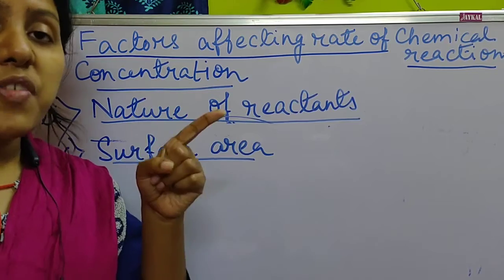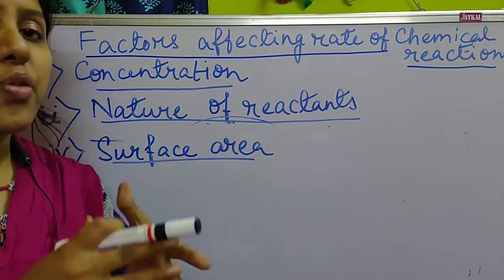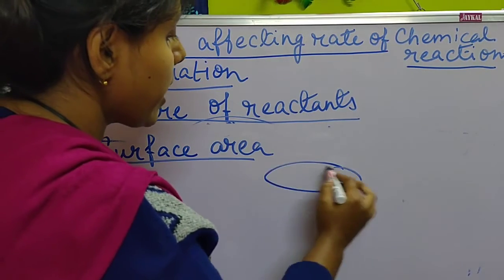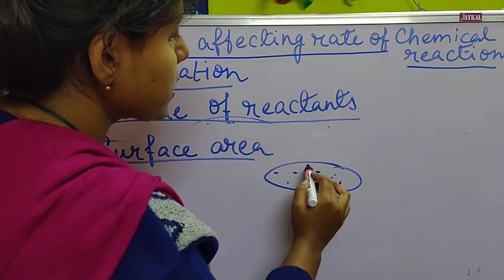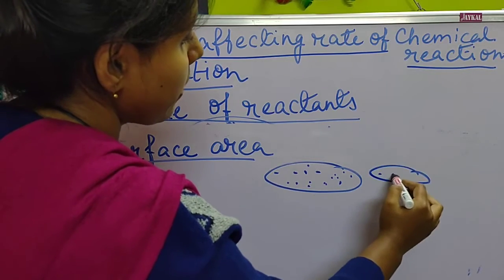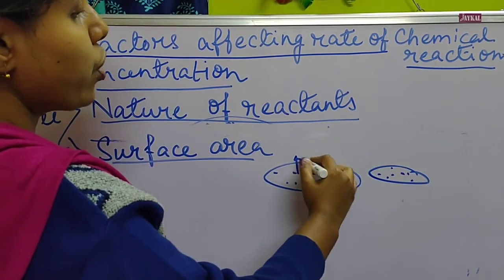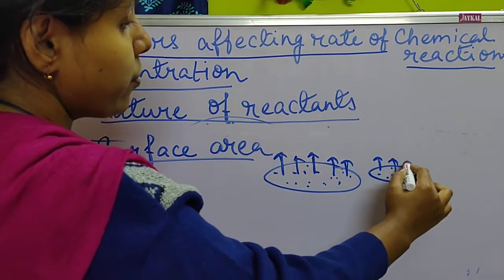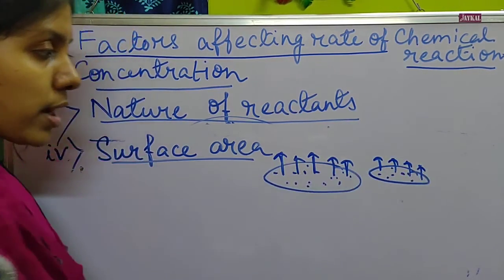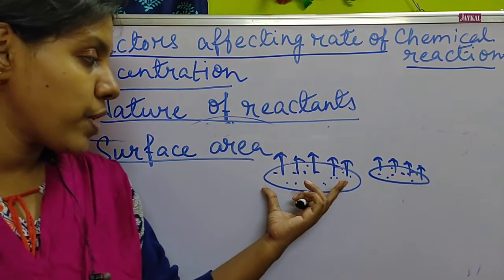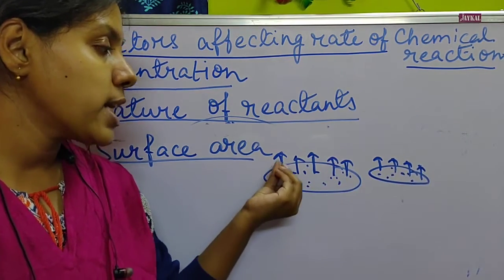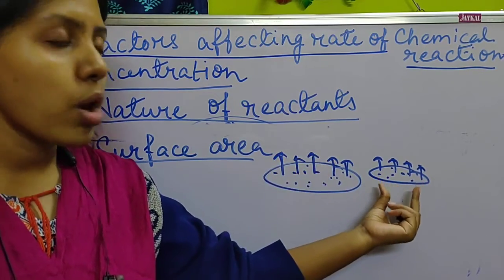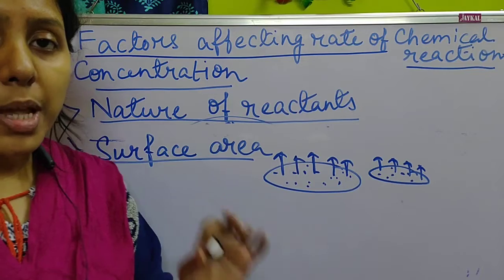Just remember, evaporation takes place faster when the surface area is large, because more molecules can come in contact with air. Because of larger surface area, more molecules can come to the surface and evaporate very easily. But because of smaller surface area, evaporation takes place slowly.